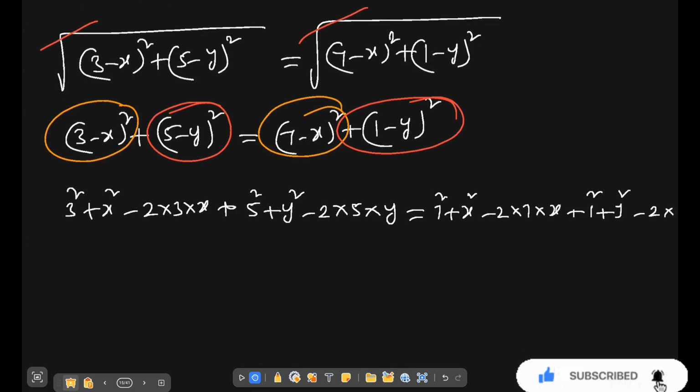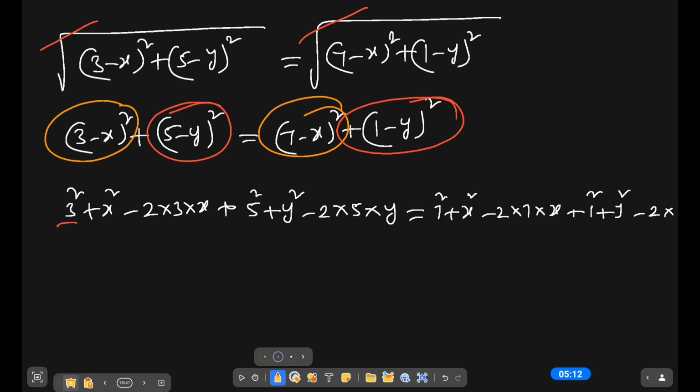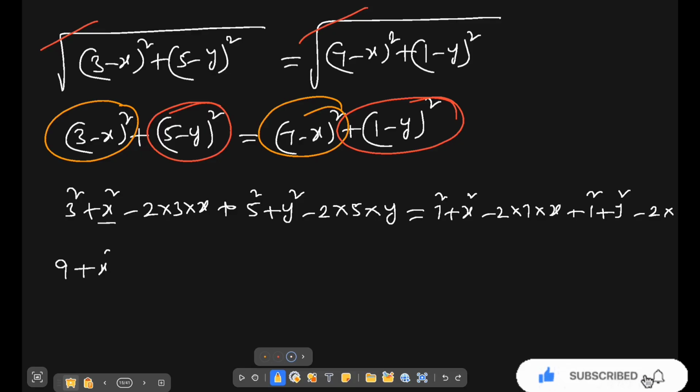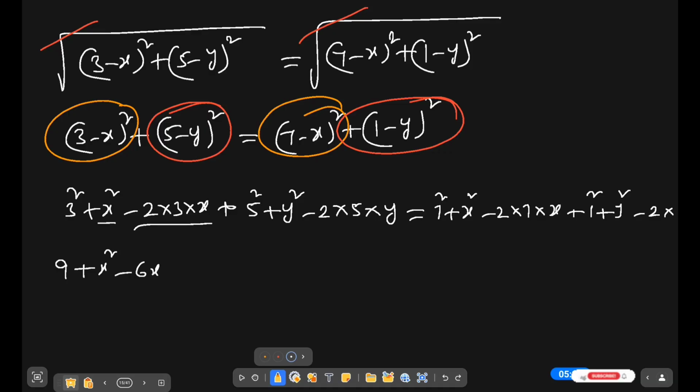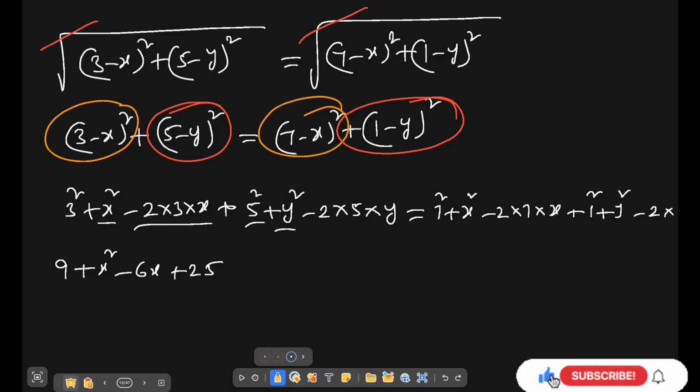So now 3 square is 9 and x square, minus 2 into 3 into x, minus 6x. Now 5 square is 25, y square is y square. Next minus 2 into 5 into y, minus 10y.